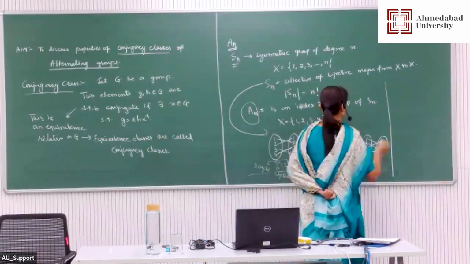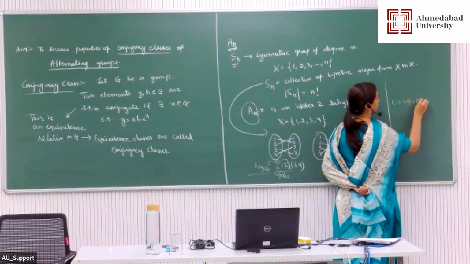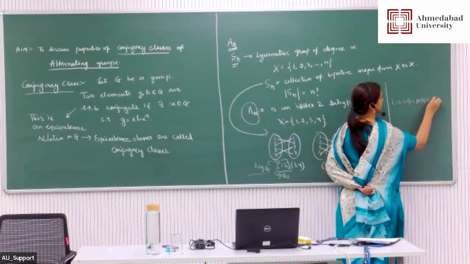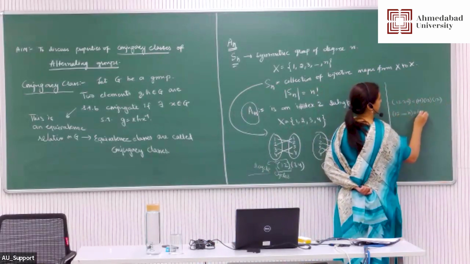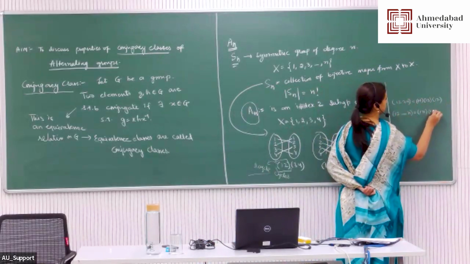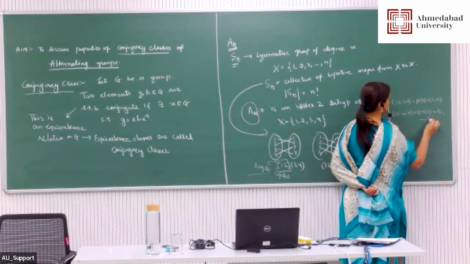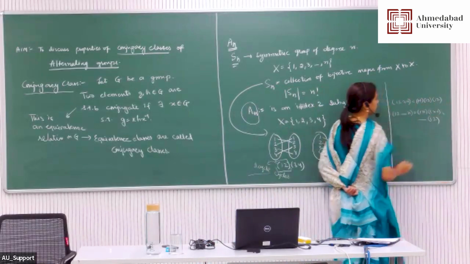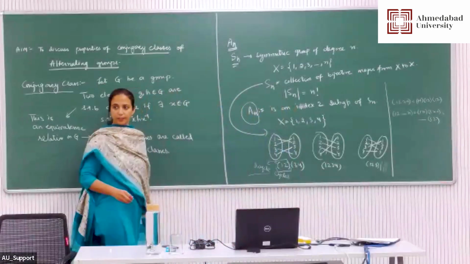So for example, I can write (1 2 3 4) as a product of two-cycles: (1 4)(1 3)(1 2). Similarly, if a cycle contains more elements, it can be written as a product of two-cycles this way. So every cycle can be written as a product of two-cycles. This way, any element of S_n can be written as a product of two-cycles.